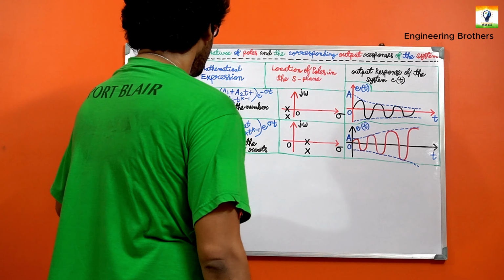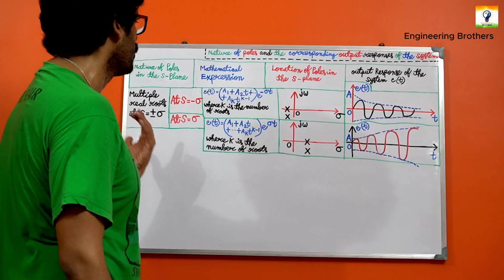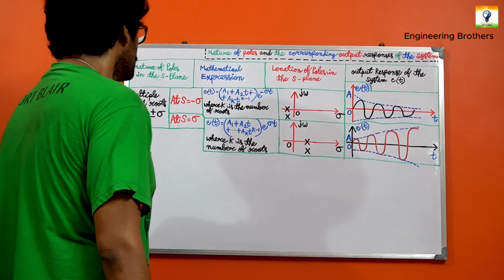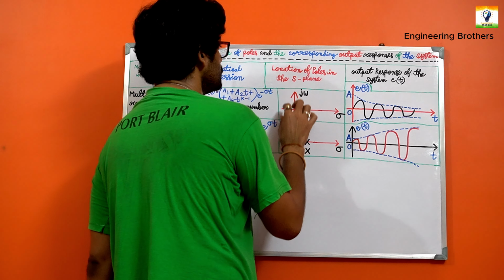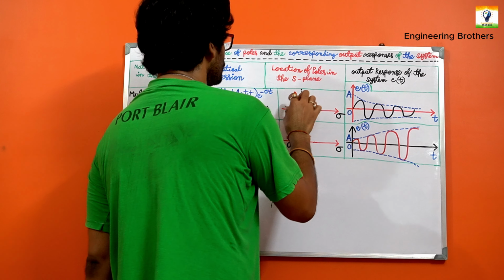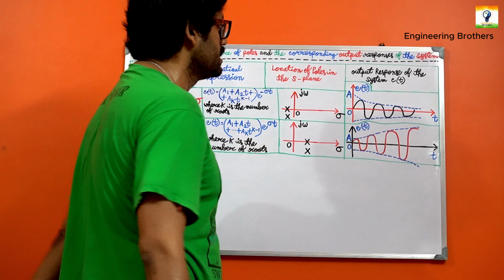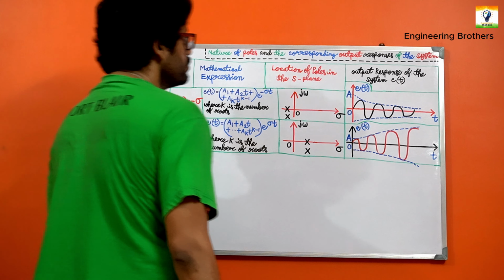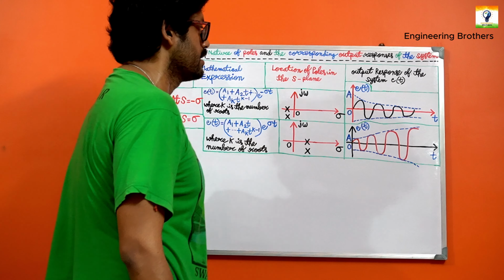This is the mathematical expression after we have followed the multiple roots at that same point. Here the plotting of those multiple poles is shown, and in the extreme right-hand side we can see the output response of the given system, c(t) versus time.